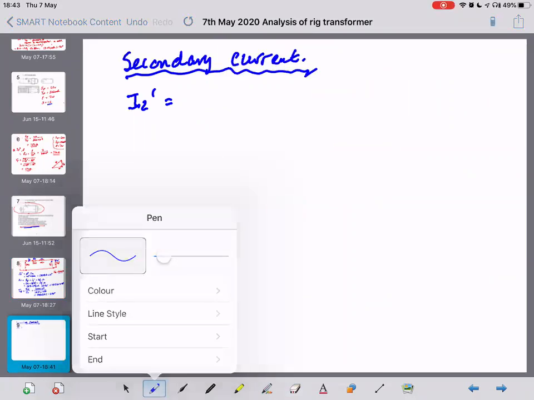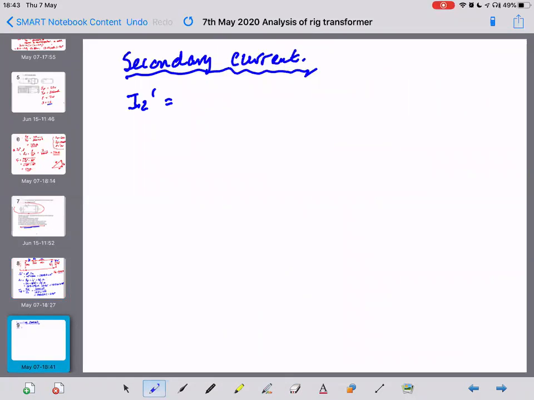Is that I2 over A? And then you rearrange? Yeah. So that is I2 dash equals I2 over A. Therefore, I2 equals A times I2 dash.